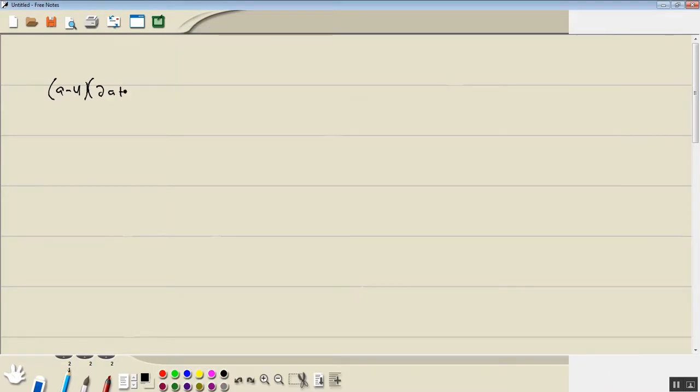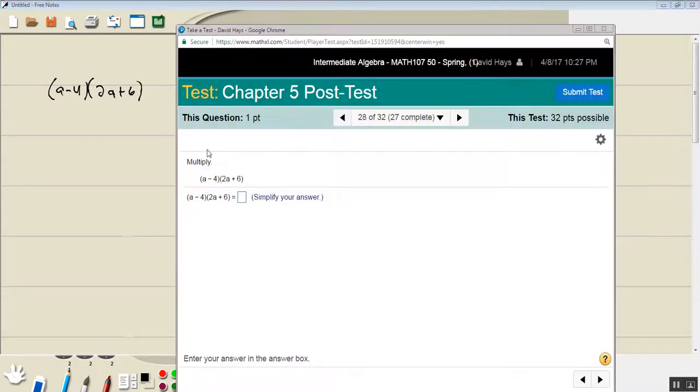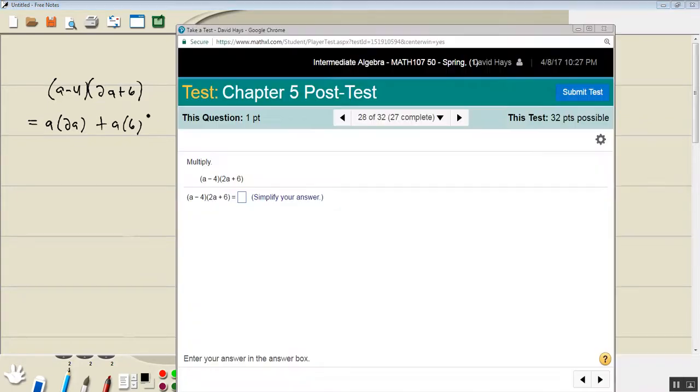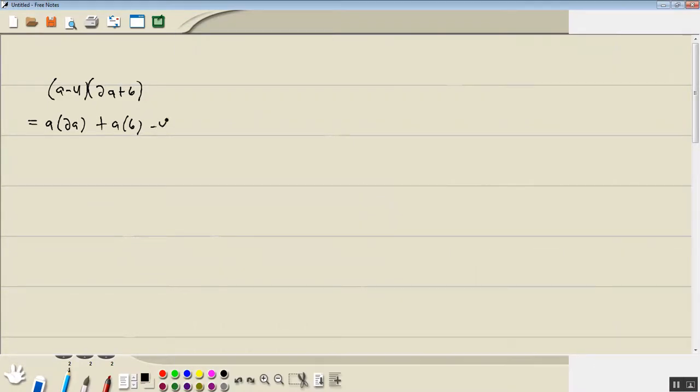2a plus 6. Okay, we want to multiply these together. So I'm going to take a times 2a. I'll take a times 6. Is that a negative 4? Yeah, negative 4 times 2a and negative 4 times 6. A times 2a is 2a squared.